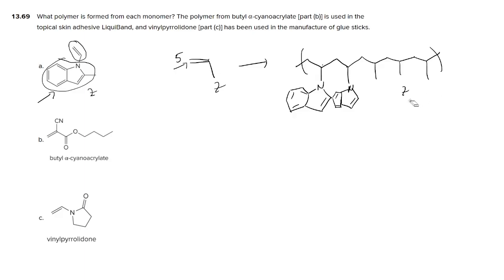I have space there. So it's a nitrogen. It's part of a 5-membered ring here, and here we have the benzene ring. So we can add pi bonds here. Okay, so again here, the same structure. So this is the structure of the polymer.